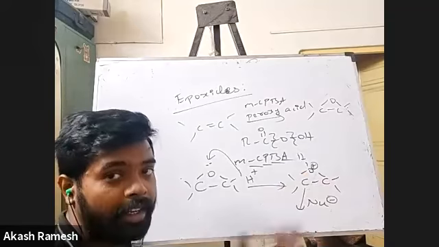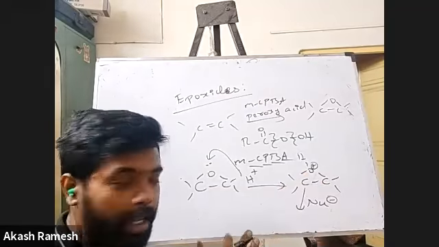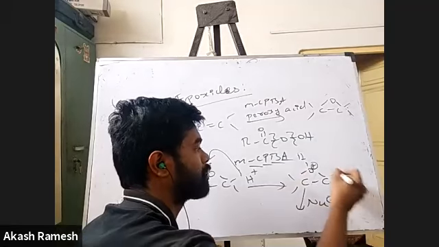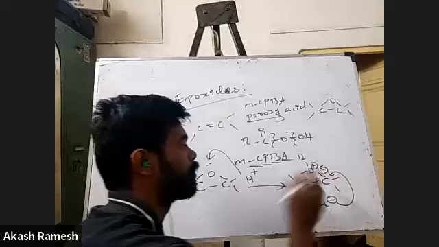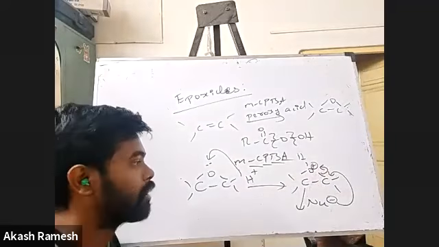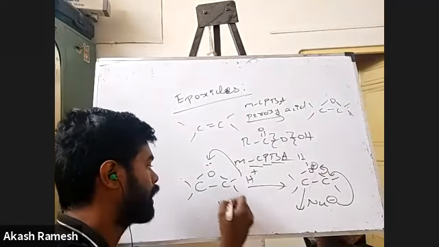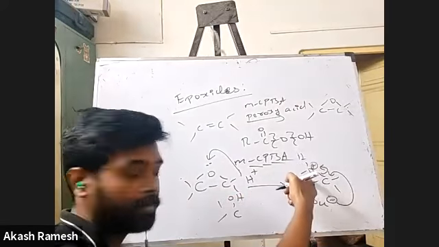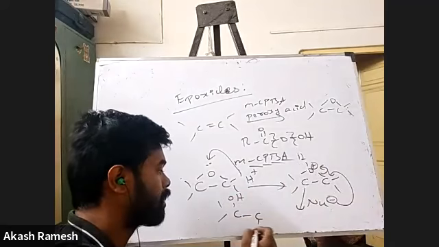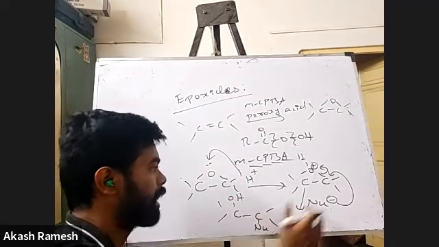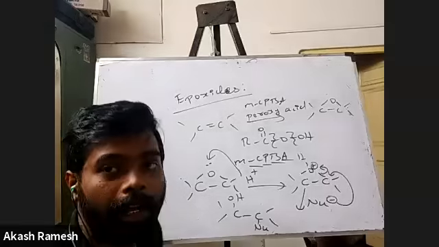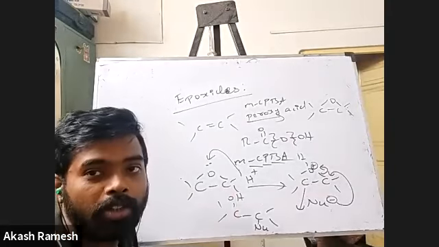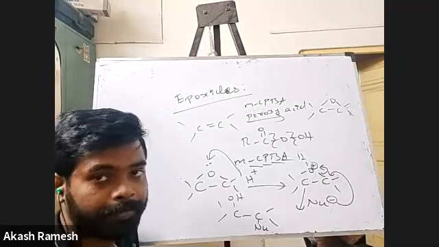I'll tell you which carbon it will attack, but for now, to understand the mechanism, say it attacks this carbon, this bond will break. So you will end up with OH, with an H plus along with this, and another nucleophile which attacked this carbon, and I'm going to have a structure like this. This is acid catalyzed because you use an acid, H plus.